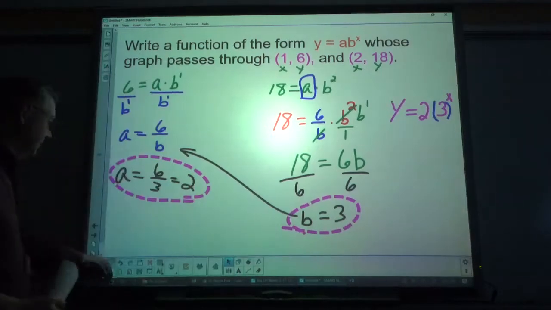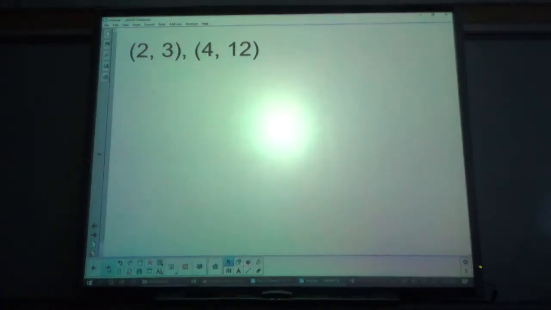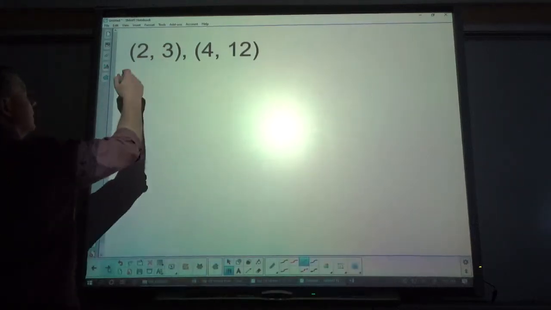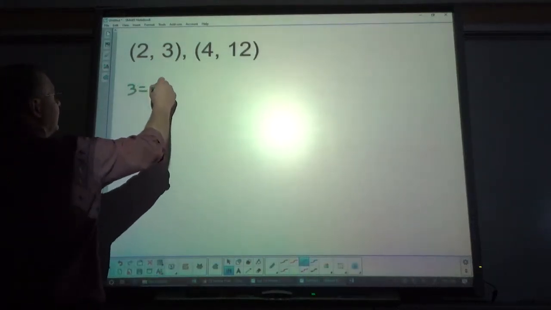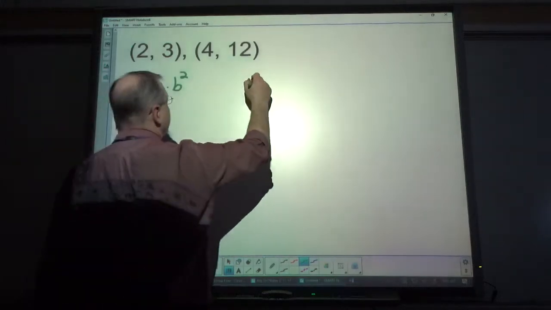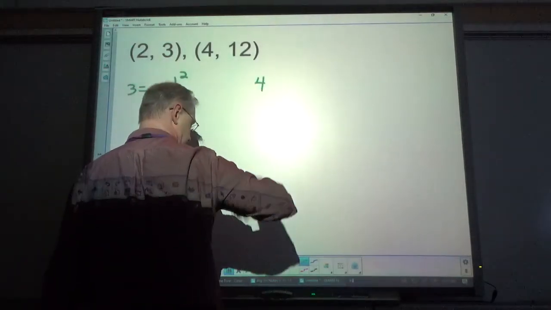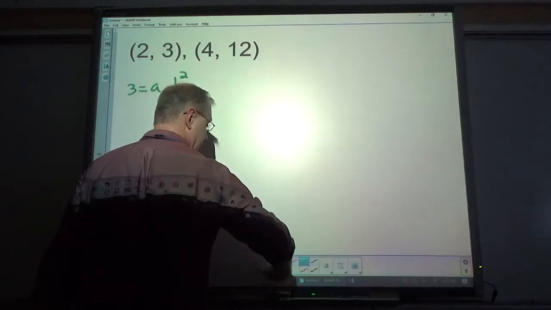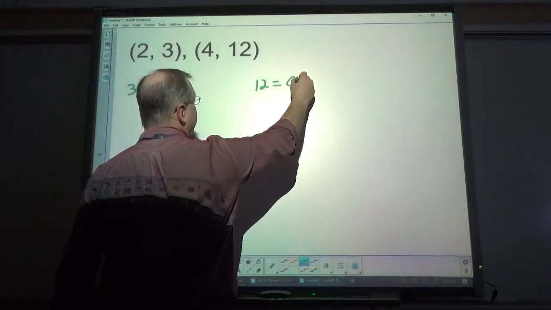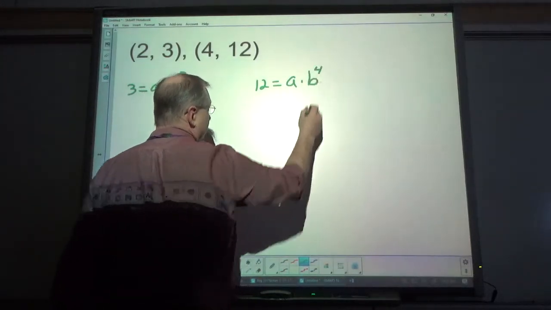All right. Give this a try. This one's a little more difficult. Give it a try. I'm going to do it out as soon as you finish doing your best and unpausing it. Here we go. All right. 3 equals a times b to the second. 12 equals a times b to the fourth.